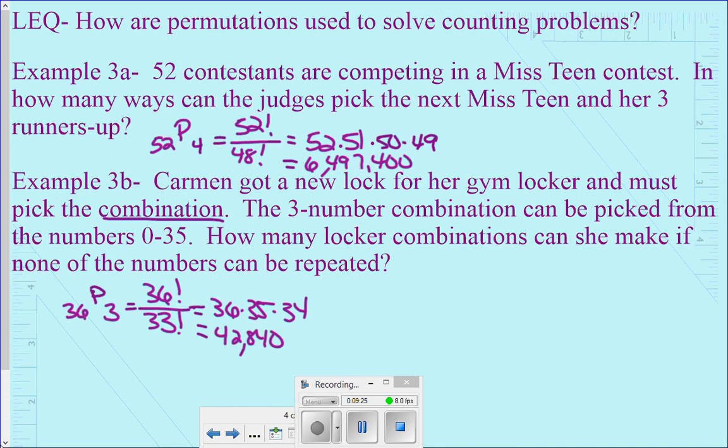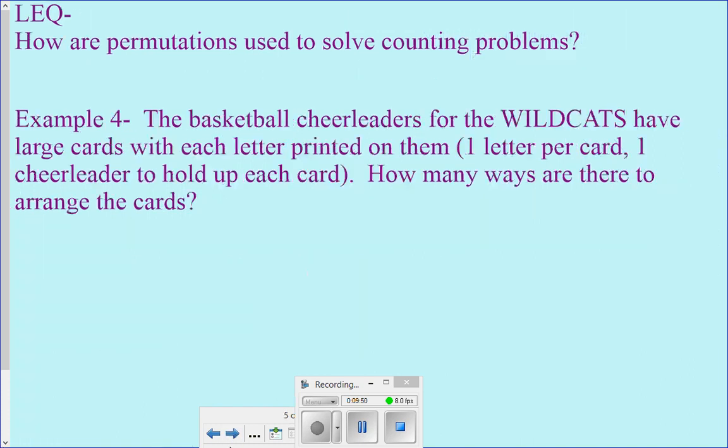When you put your numbers in for a locker, it has to be in a specific order. Otherwise, it won't open. So mathematically speaking, they are permutations because the order matters. Anyway, just food for thought.